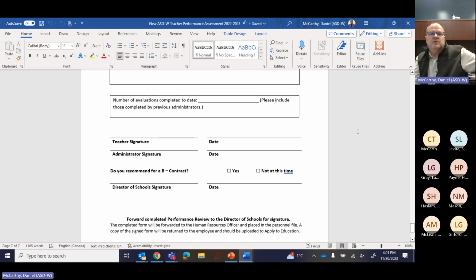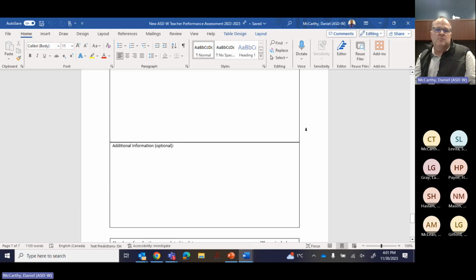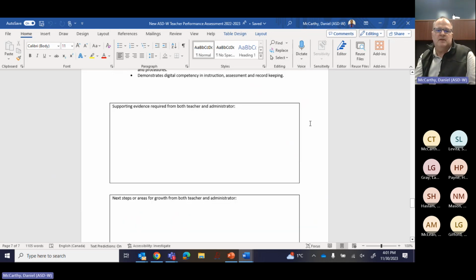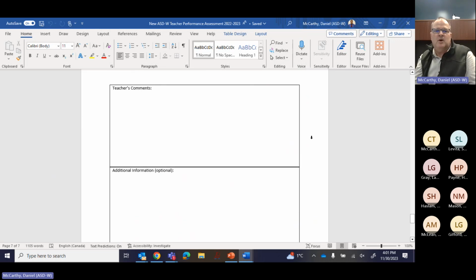Teacher signature, administrator signs, and whether you recommend it for the teacher. And really take the time at the end of the form, after the last domain, where you have an opportunity to write some additional information or your teacher's comments at the bottom.